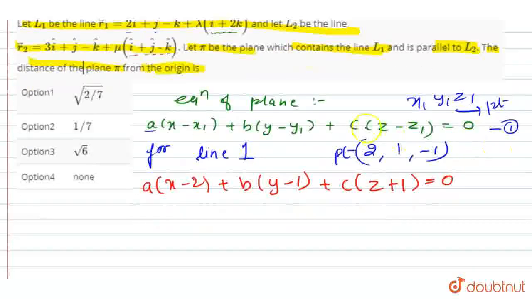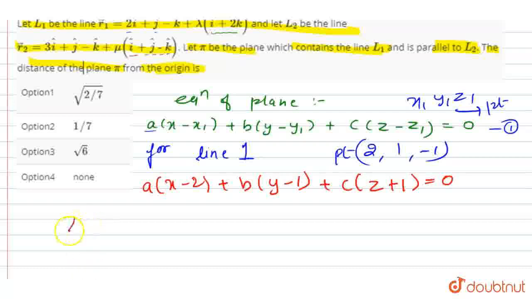So we can again write the same equation in the form of line 2. The points where the plane is lying will remain same because the line r2 is parallel to the plane, so it doesn't contain any common point. We will take the point from line 1 and the normal vector from line 2.